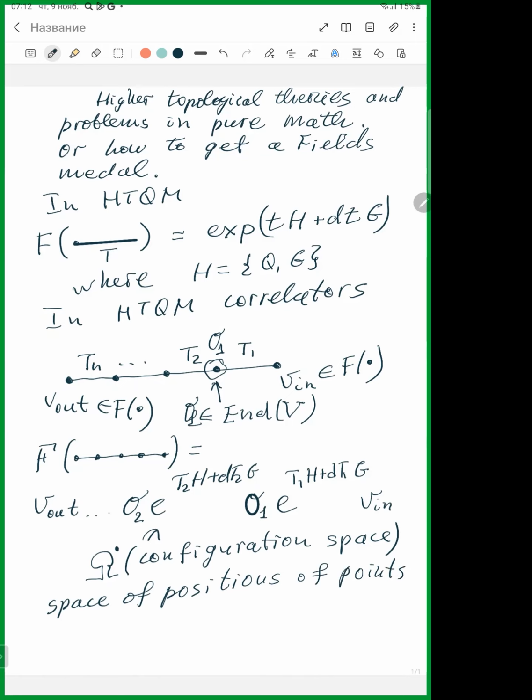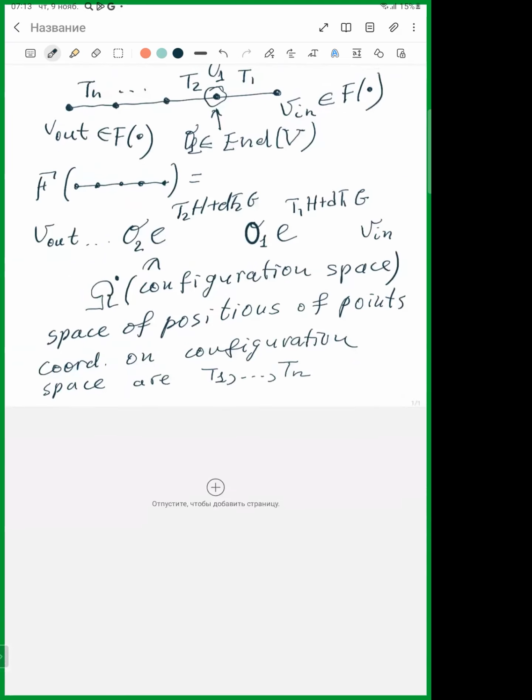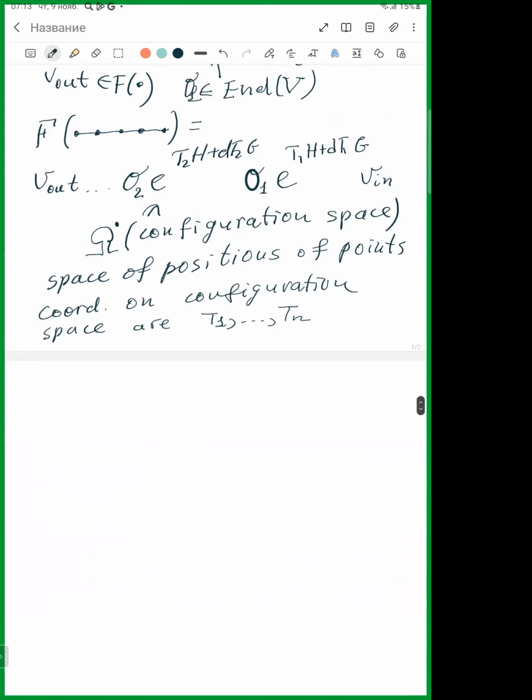So coordinates on configuration space are T1, etc., Tn. So this is the main object. Let me call it star.